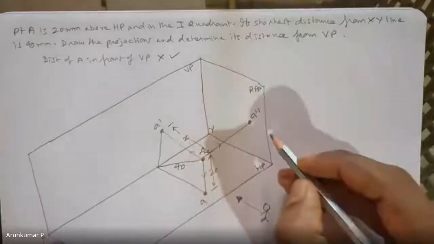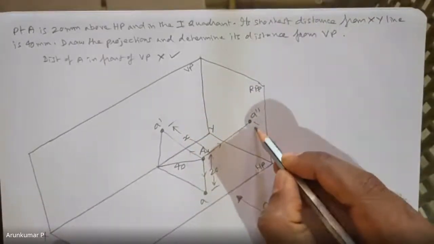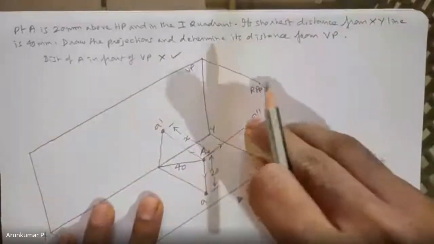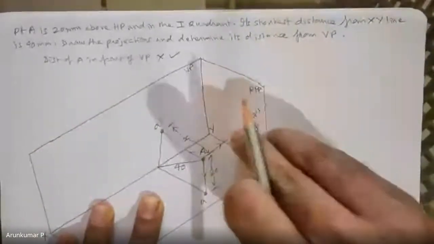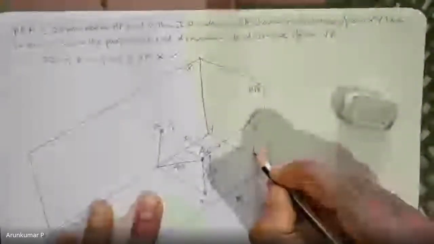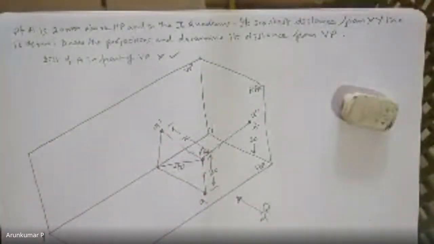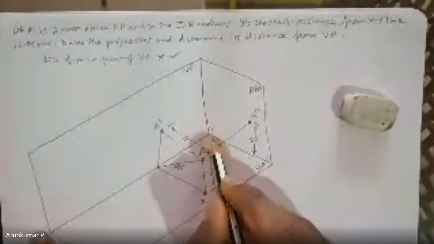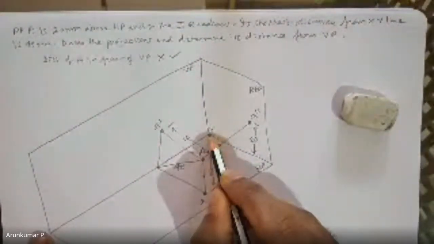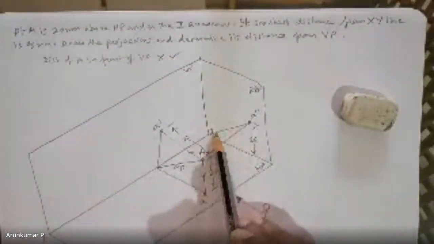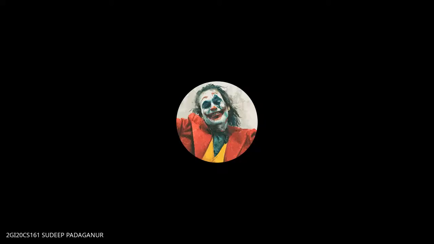Now tell me, what is this distance? How much is this distance? 20 mm. Okay. How much is this distance? 40 mm.